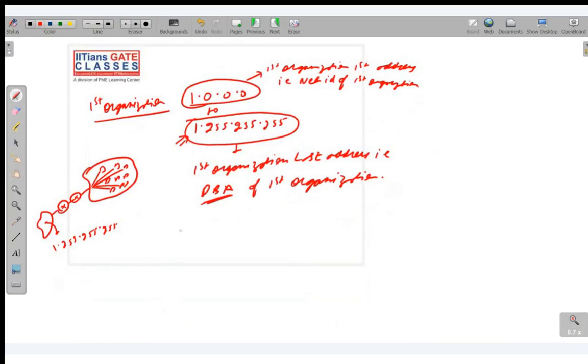Now the first organization's first computer, first host: 1.0.0.1.